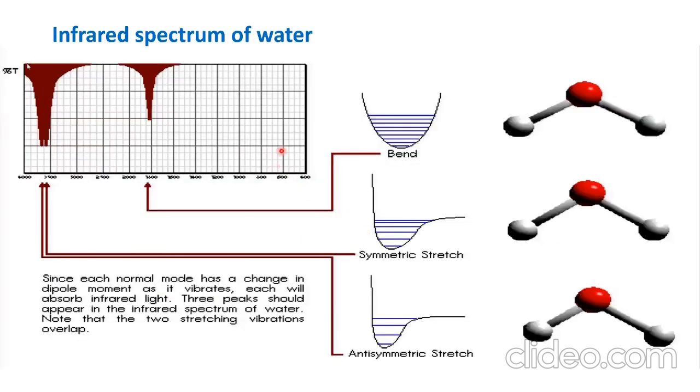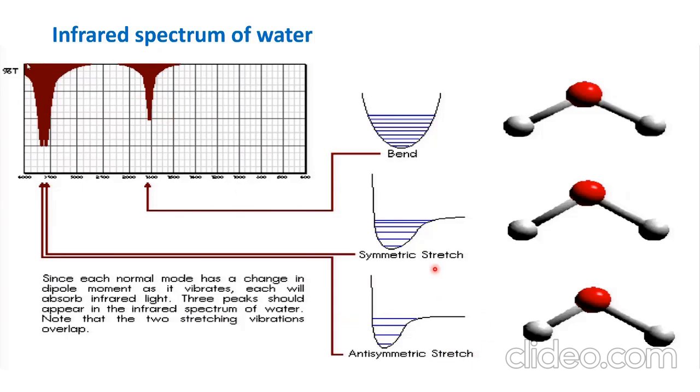So now let's take an example of the water molecule. In the IR spectra, as I told, the stretching will be on the higher side and the bending will be on the lower frequency side.